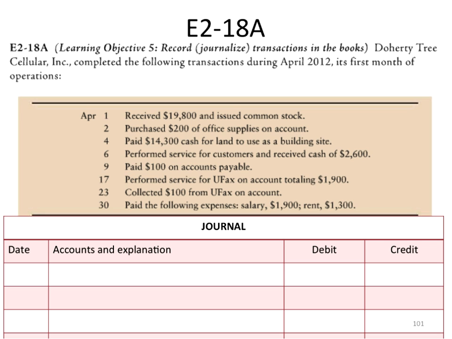Okay, 2-18A, we have a list of transactions, and we're going to be doing the journal entries for the transactions. And I just put the journal entry form up here. We're not going to use it, just as a reference. Our debit column is the one second from the right. The credit column is the far right one.